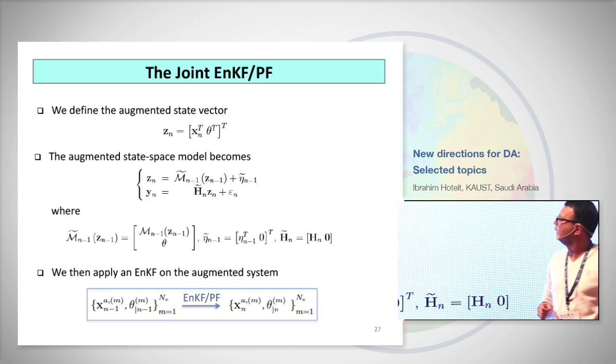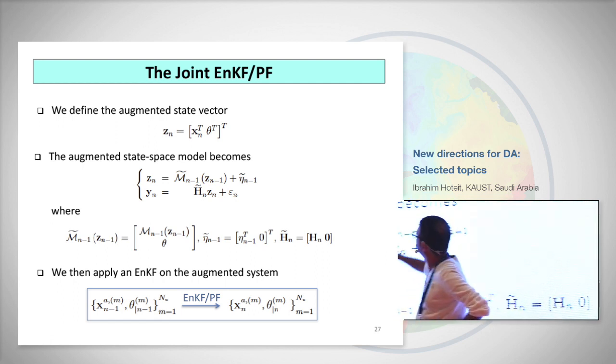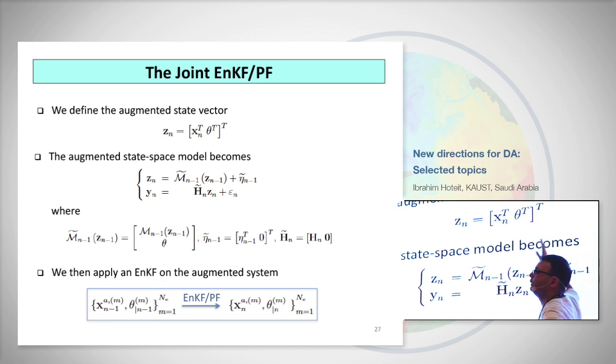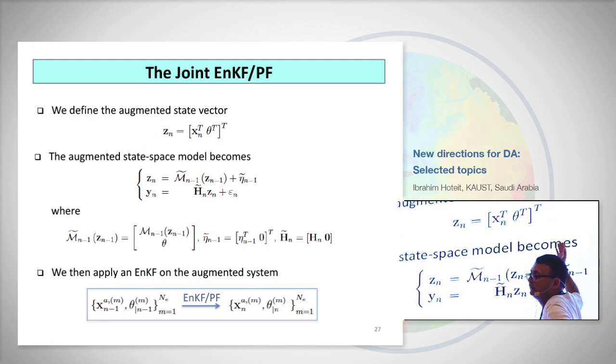So basically, if you want to see how it works, I have a new state that's made of the state and the parameters I want to estimate. So I build a new state space model where I have constant dynamics of the parameter. So the parameter is predicted with a constant dynamics because it's constant. Okay, and then I apply exactly the same machinery as the EnKF. So it's very straightforward to apply. And they are using it successfully with reservoir models because they need to estimate the permeability under the ground, and it's a 3D field.